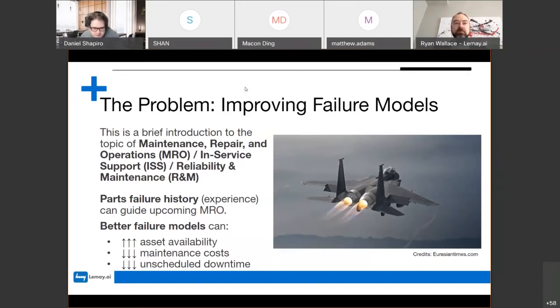What this field is about is looking at the failure of parts and trying to predict when those failures are expected, to know, hopefully in advance, what to fix or replace or have spare parts for. That's the big picture.